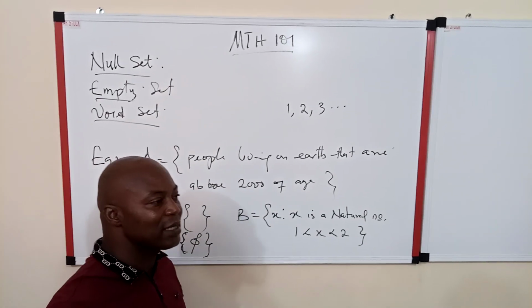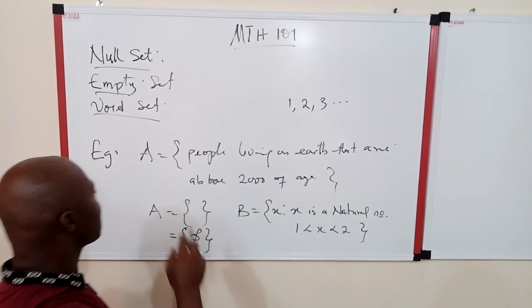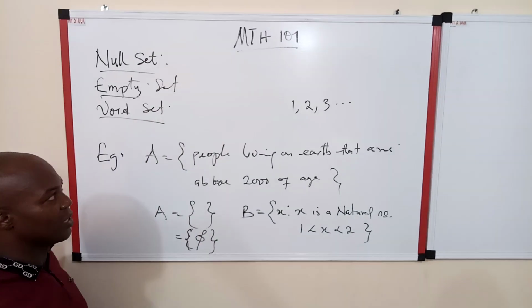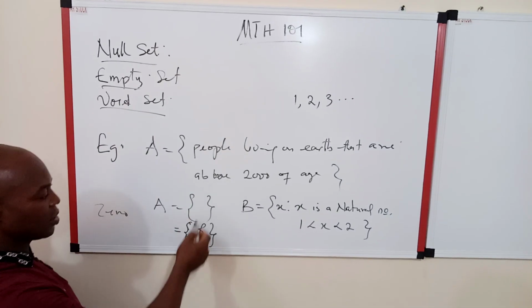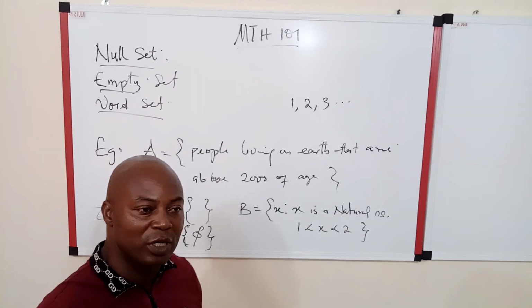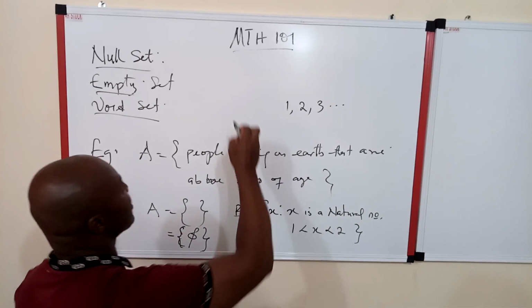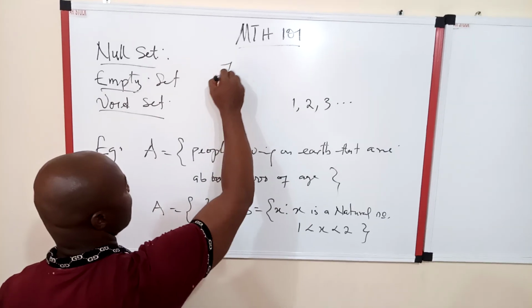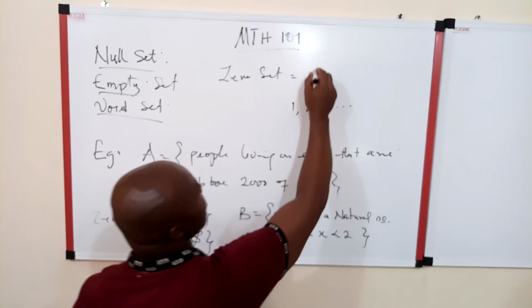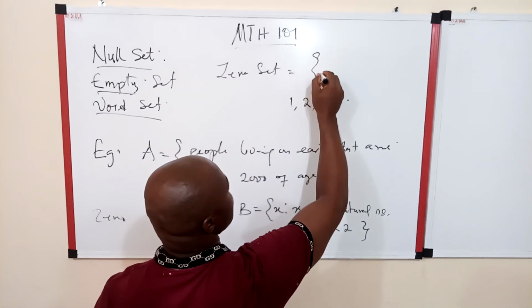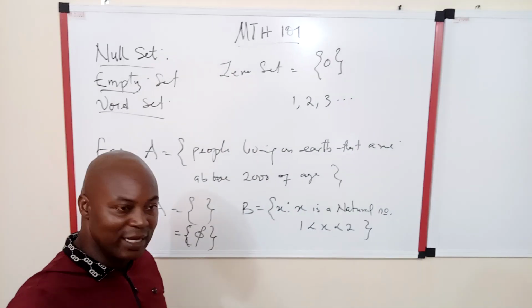Now, in some books, there are some cases where some people make mistakes in using some words. Some do call null sets zero sets. This is not a zero set. There is a difference between a zero set and an empty set. A set is called a zero set if its only element is 0.